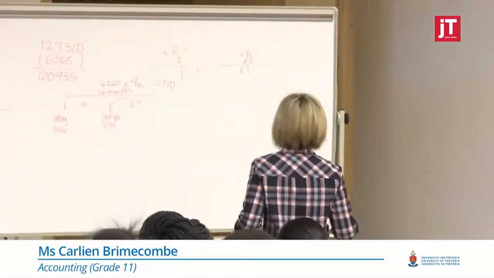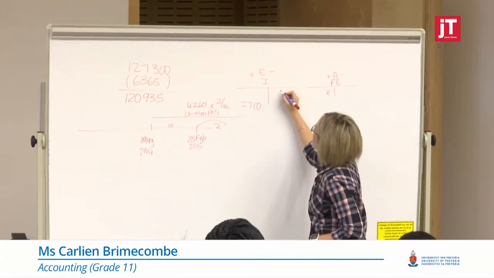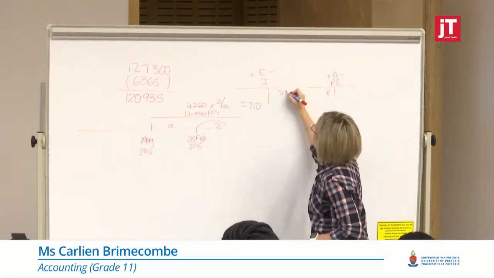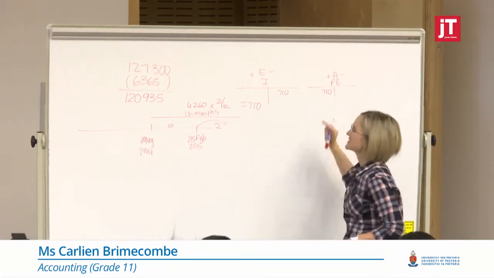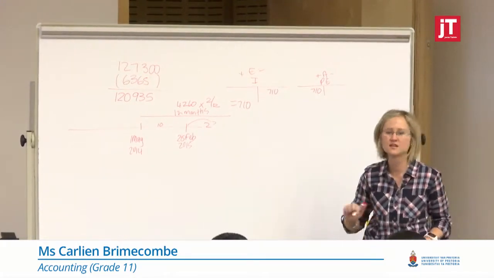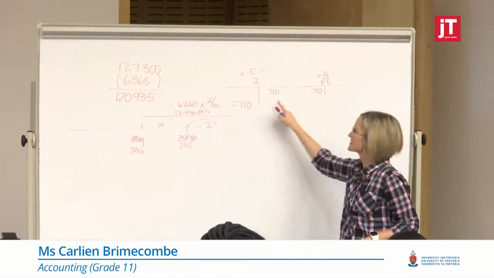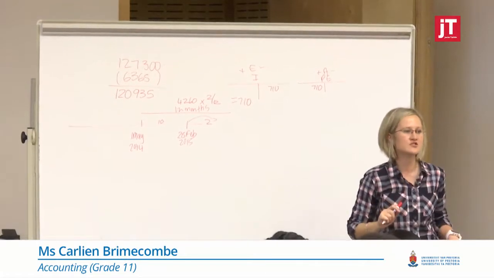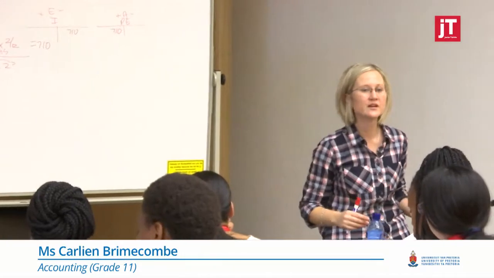I said you have to take it out, but where do we put it in? Look here. In other words, insurance, I would have had 710 on the credit side. Prepaid expense is debited with 710. So this would have shown in the income statement, which they haven't asked us. They've asked us to complete the balance sheet only. So 710 must be your prepaid expense.